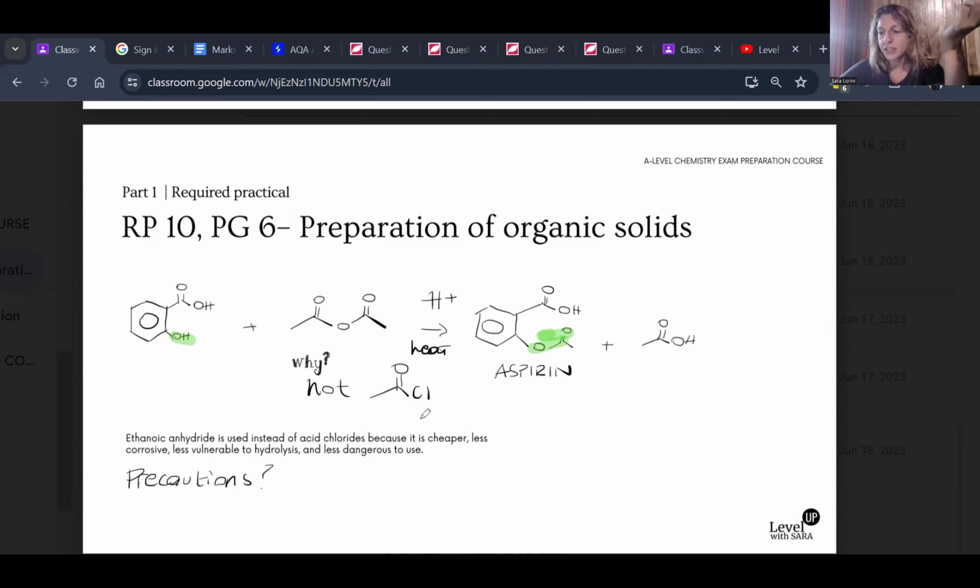Okay. Acid anhydride is used because it's cheaper, it's less corrosive, less vulnerable to hydrolysis, and less dangerous to use. Otherwise, if we use acyl chloride, hydrochloric acid will be the waste product. So this is really the reason why it is used. And also it's more reactive than carboxylic acid. That's why carboxylic acid is not used.